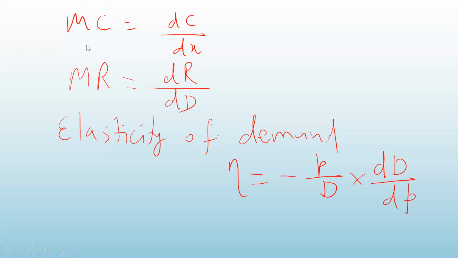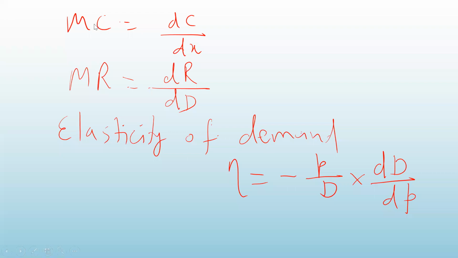First was how to find out the marginal cost. So once again, let us recall what is marginal cost. As you know that the cost is a function of number of items produced. So cost depends upon number of items produced. So C is a function of X. So as you change X, number of items produced changes, cost will also change.